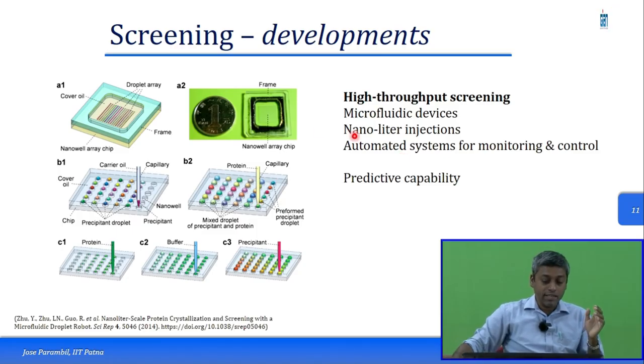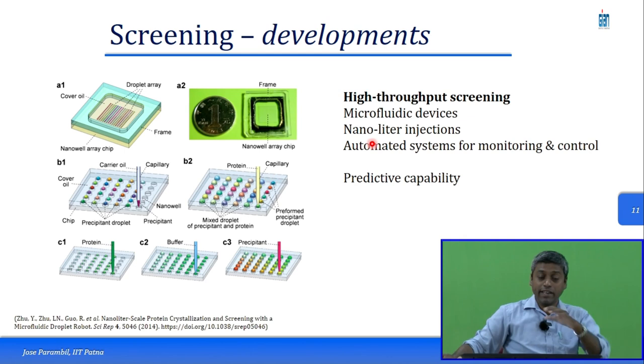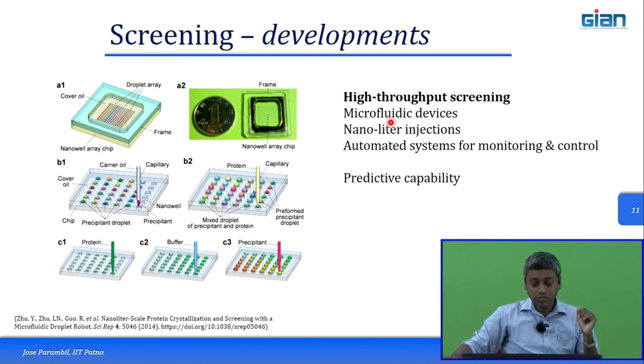You can see this is a complete nano well array, where in multiple stages you can add proteins, buffer, precipitants, etc., with varying concentrations and conditions in each of them, and you maintain the systems at different conditions to get a full screening of the entire phase diagram region.